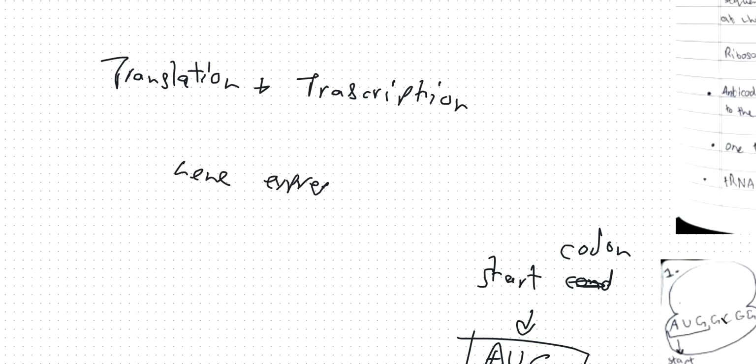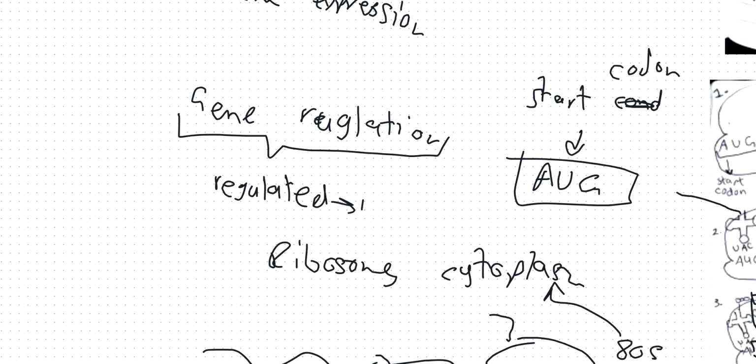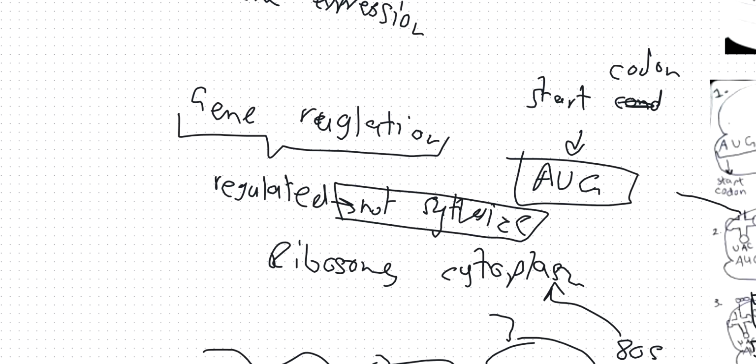And gene regulation, what is gene regulation? Gene regulation is when the genes are regulated and not synthesized, or this is one of the ways gene regulation happens. It's when the genes are not synthesized, or genes are synthesized under protection.